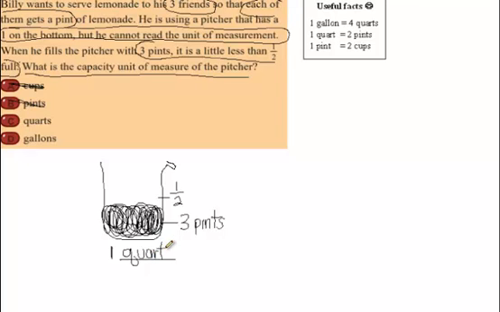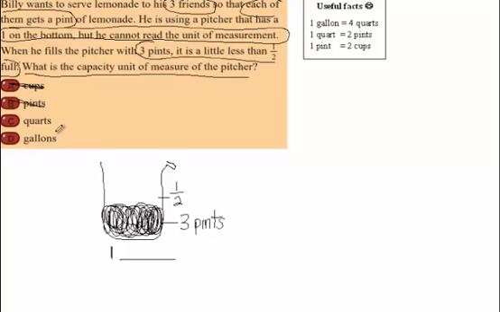Could this pitcher be 1 quart? I go to my facts. 1 quart equals 2 pints. We already got 3 pints in there. If 1 quart equals 2 pints, this thing would be overflowing if I tried to throw in 3 pints. It can't be a quart.